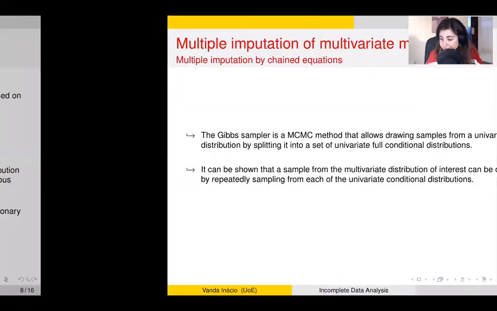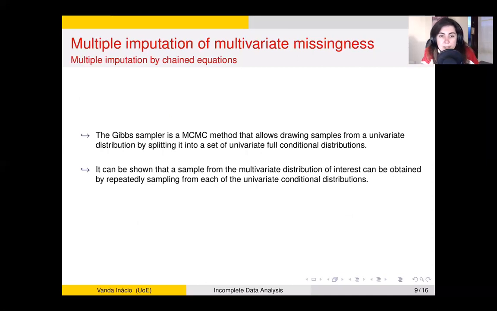But more specifically, mice is based on the idea of the Gibbs sampler, and the Gibbs sampler is a particular MCMC technique that allows drawing samples from a multivariate distribution by splitting the multivariate distribution into a set of univariate full conditional distributions.